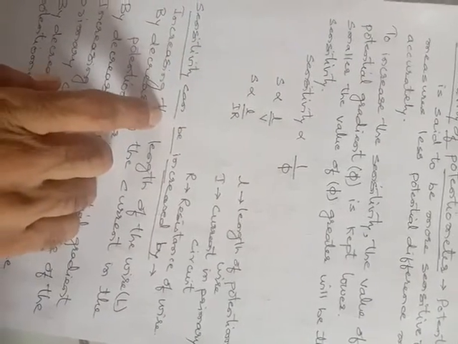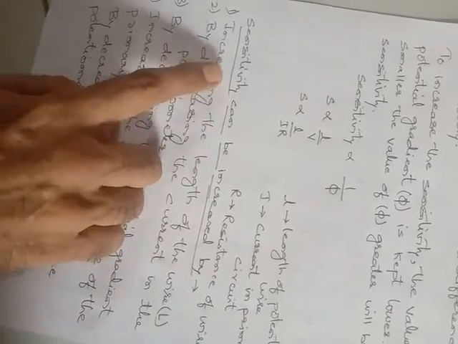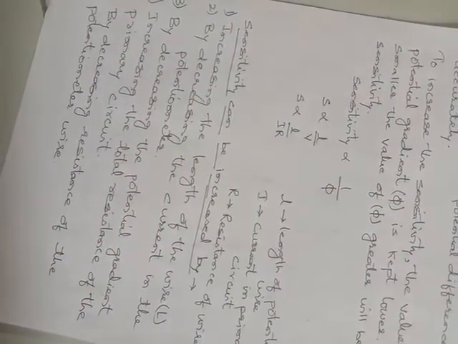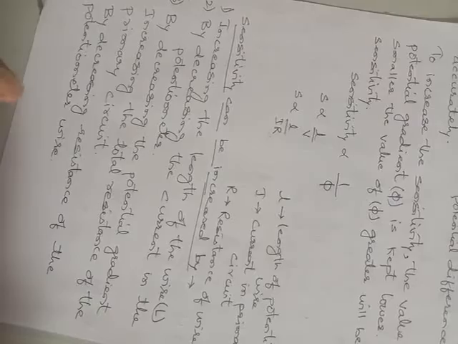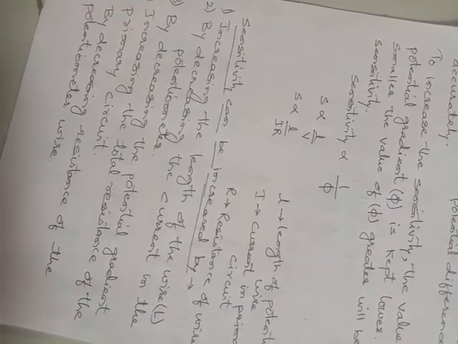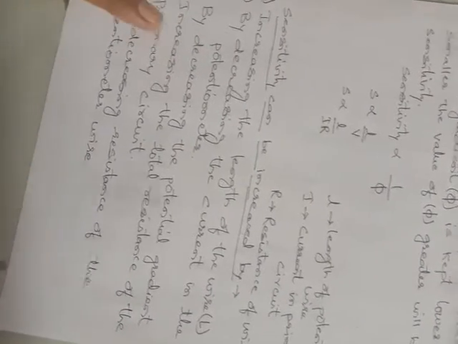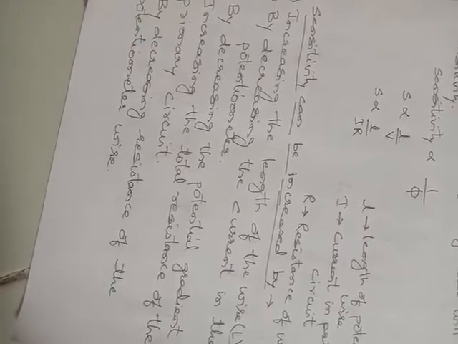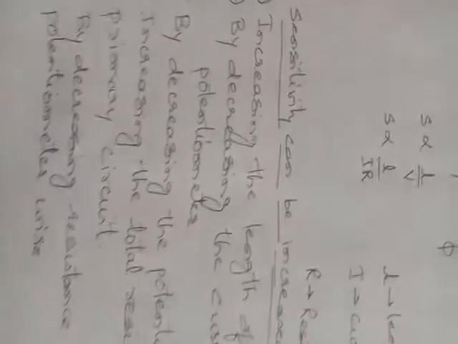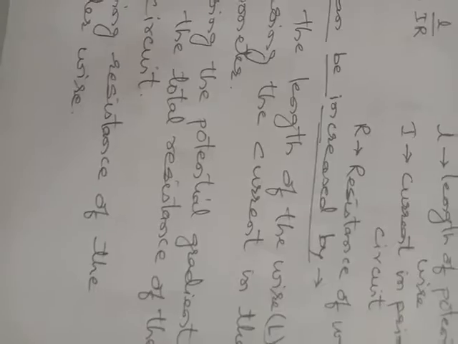Now how can we increase the sensitivity of the potentiometer? First, by increasing the length of the wire. Second, by decreasing the current in the potentiometer. Third, by decreasing the potential gradient.